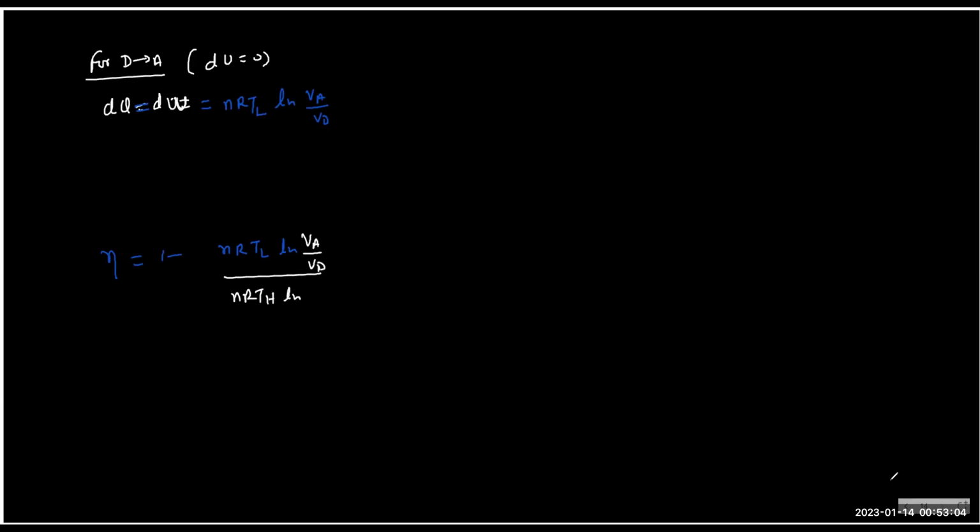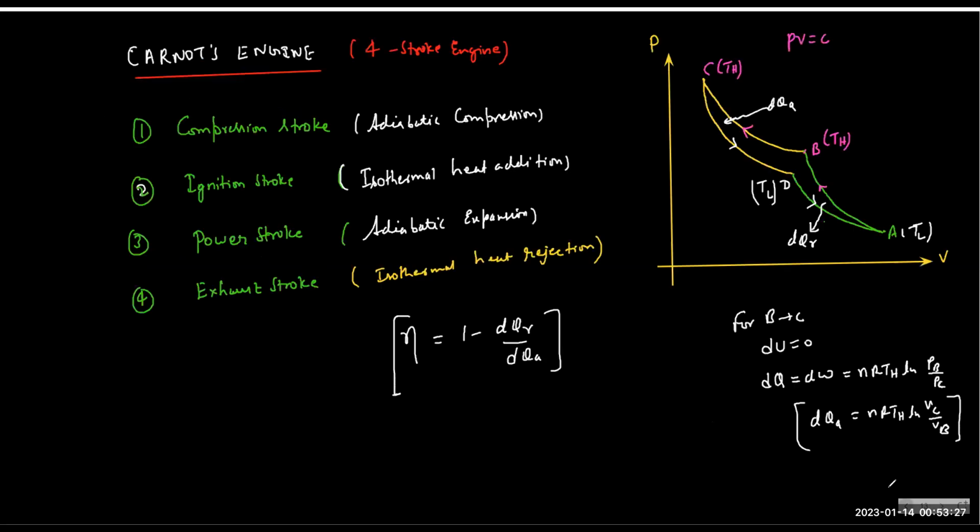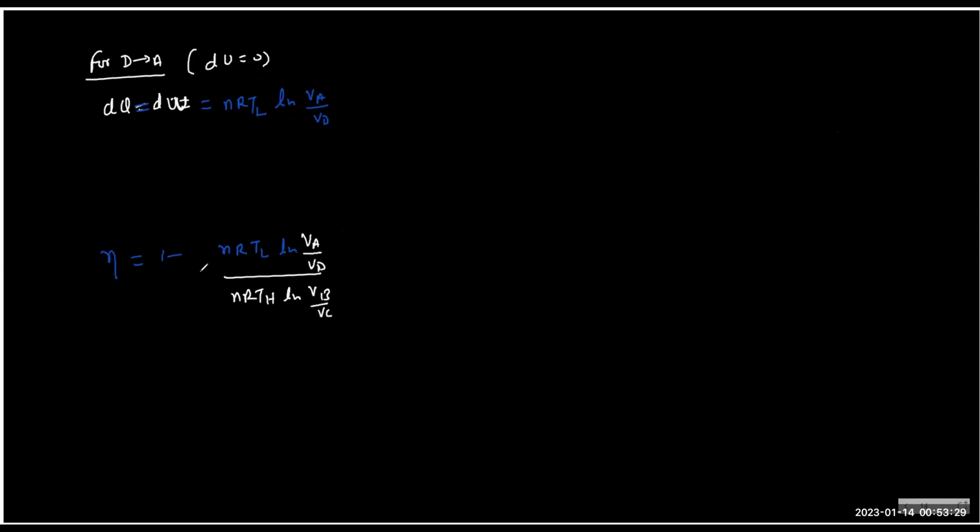That I have to change because that is a negative answer, right? We have to take only the positive value. So V_B by V_C, which one is bigger? V_B. Okay, you just have to be careful that we have to write the positive value.